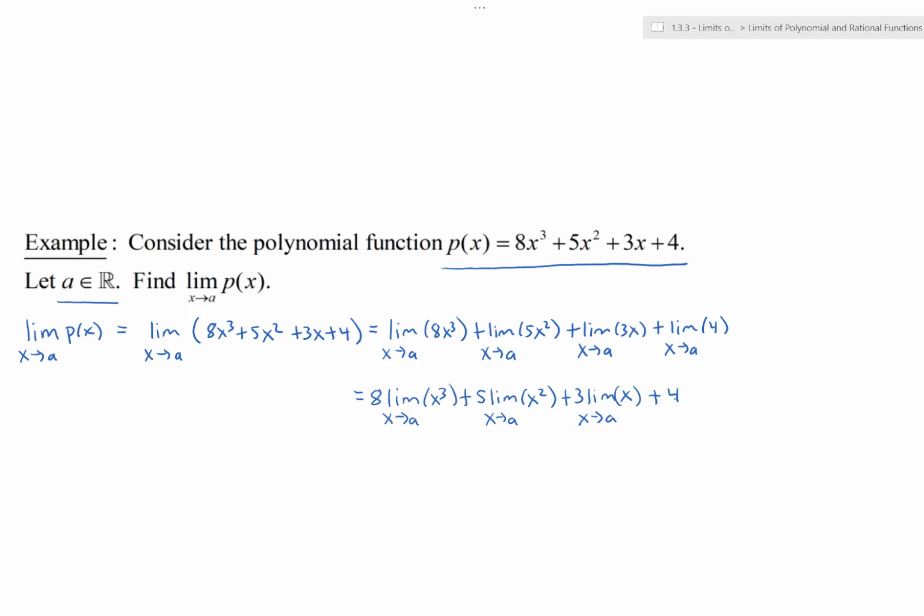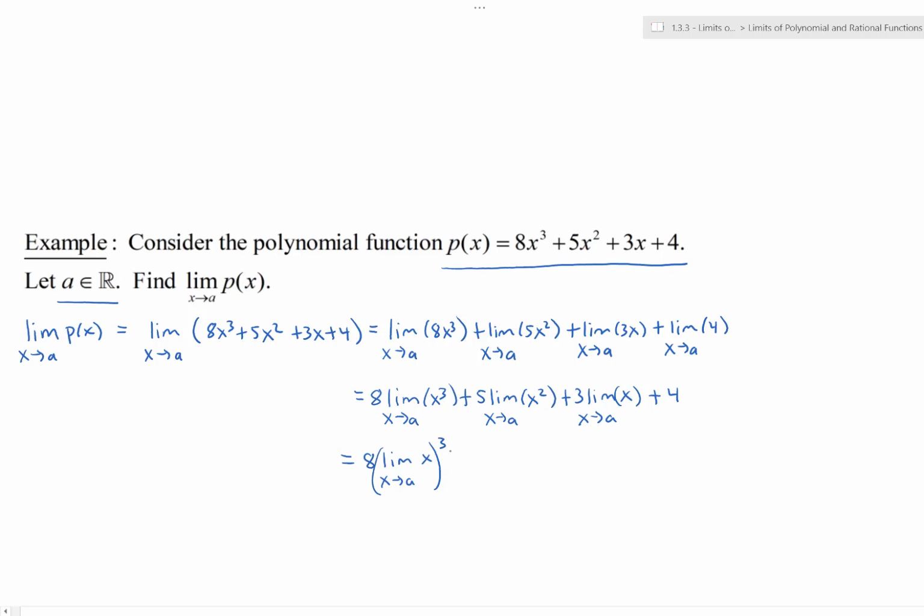And the last rule is that we have x raised to some power in each of these. Remember that the power rule for whole number powers allows us to write this as follows: 8 times the limit as x goes to a of x, quantity cubed.